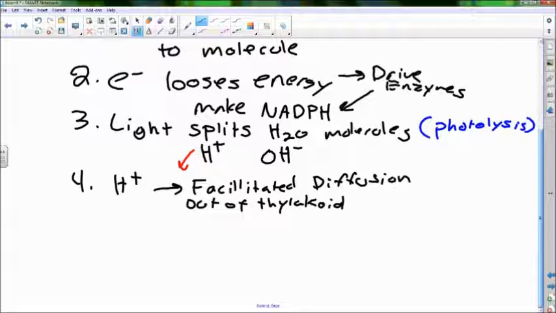When it does that, when it goes through those carrier proteins that are transferring the hydrogen from the inside to the outside, that is going to make ATP.